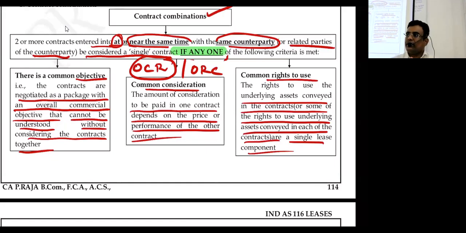Computer running needs these items. The computer part is separate, UPS separate, overall system or printer. My objective is common, negotiated common, rights to use is also common. Then you should combine together, it is one contract. I hope it's clear. One lease contract, not multiple lease contracts. Hopefully understood. Yes or no?